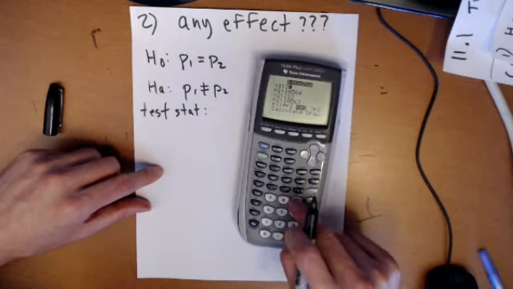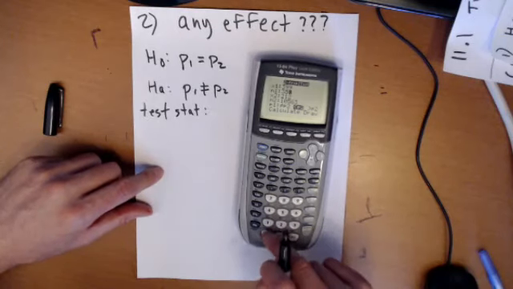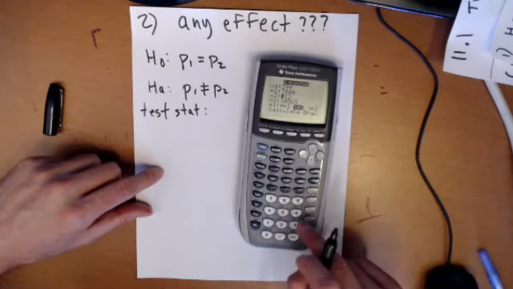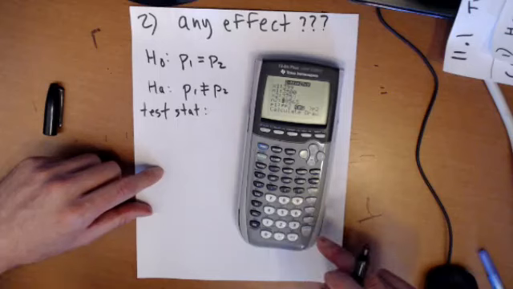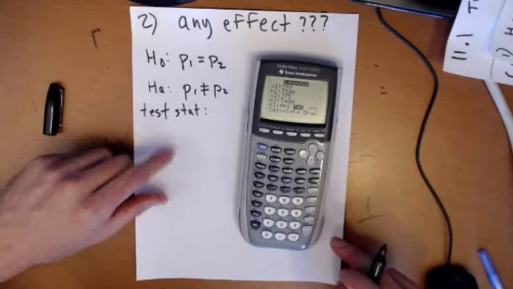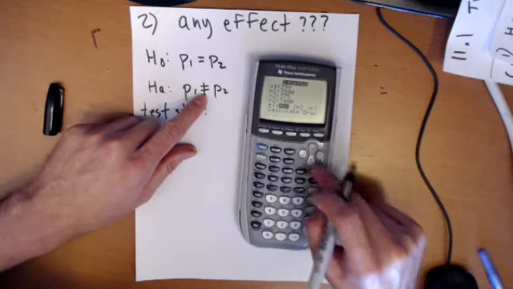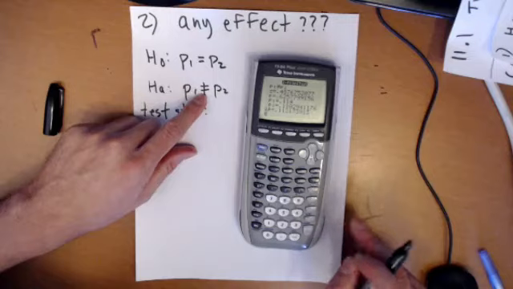Okay, 399, enter. 3500, enter. 375, enter. 3400, enter. Choose the does not equal symbol, go down to calculate, hit enter.